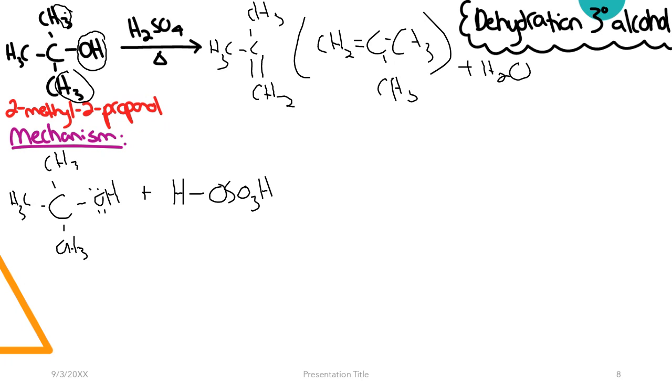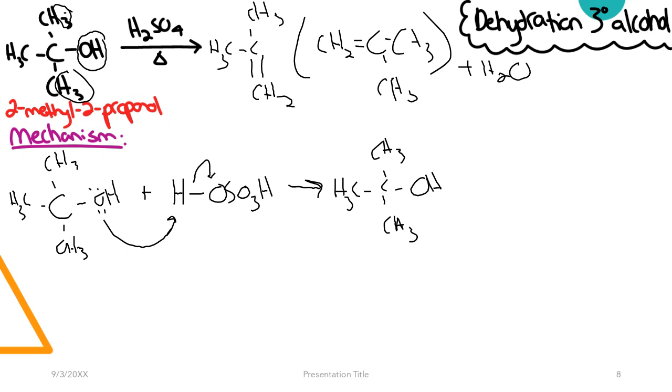So these lone pair electrons are going to come attack that hydrogen, and this bond is going to break. And then I have OH2 formed and then a positive charge on that oxygen because it has too many bonds.